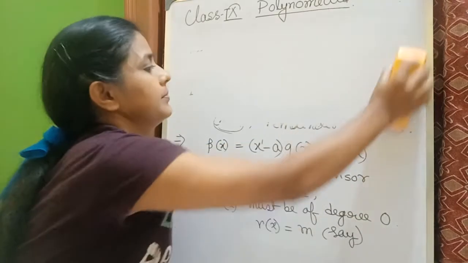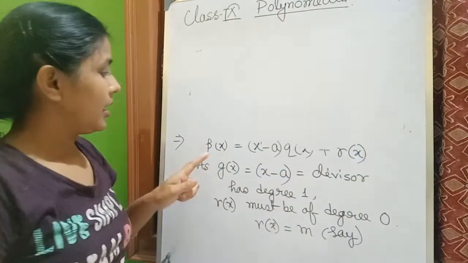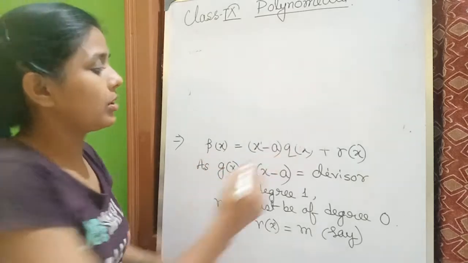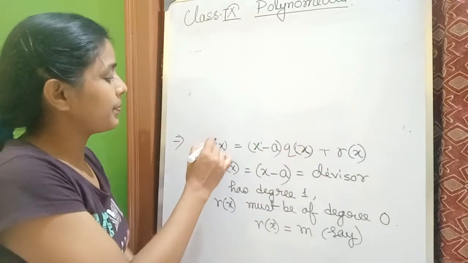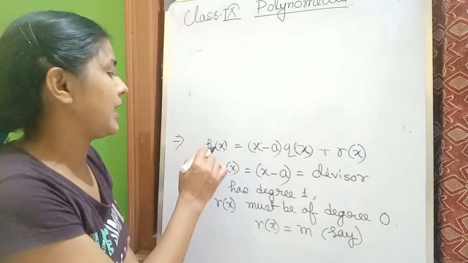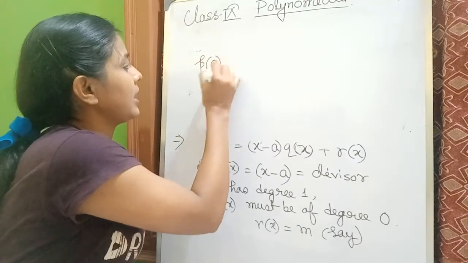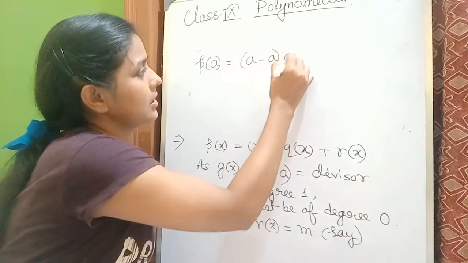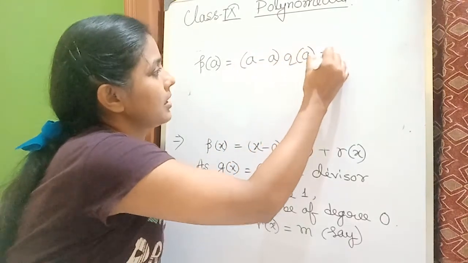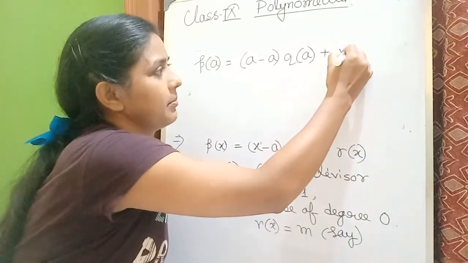That means in this whole equation, if we put a in place of x, it will be p of a equals a minus a into q of a plus r of x, which is constant, that is m.